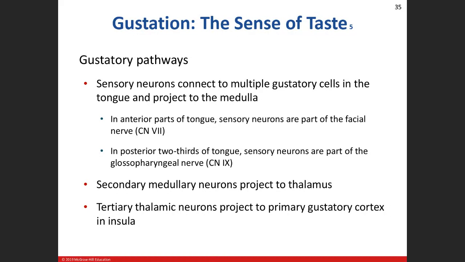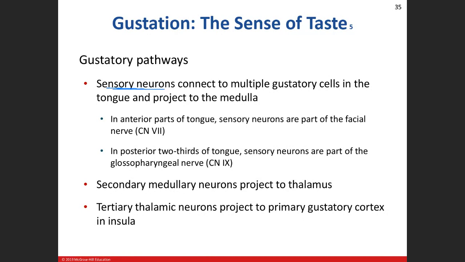So let's talk about the pathway and how we get that sensation of taste from our tongue and mouth to our brain. Because remember, we don't know what the heck we're tasting until that information comes to the cerebral cortex, okay? So we're going to start off with our sensory neurons. That's the primary neuron.